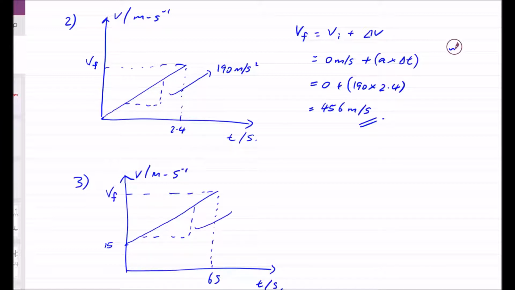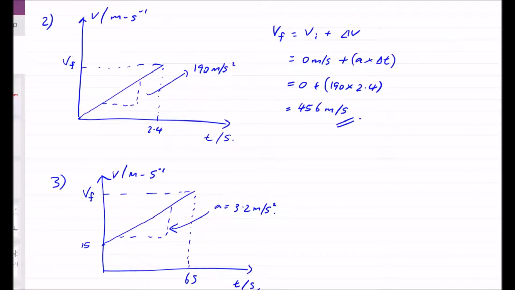The gradient of this graph is the acceleration, which is given in the question, and it is 3.2 meters per second squared. The question is, what distance does the car cover during this time? To find the distance that the car covered during this time, we are basically finding the area under the velocity time graph.